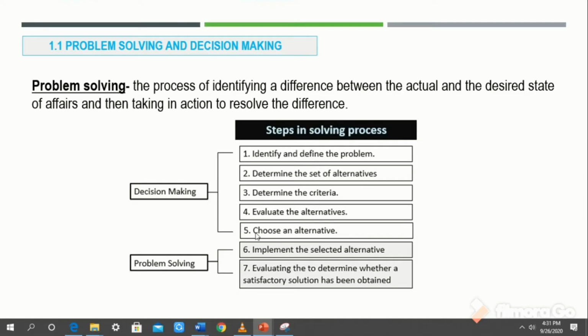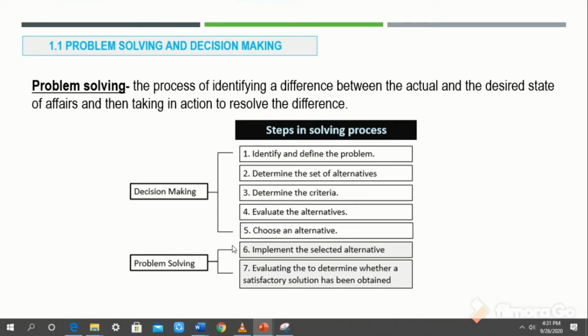And then number 5, choose an alternative. This is when you decide what is the most appropriate and more productive alternative. Before proceeding to number 6, implement the selected alternative. That is applying your alternative and then seeing the results.